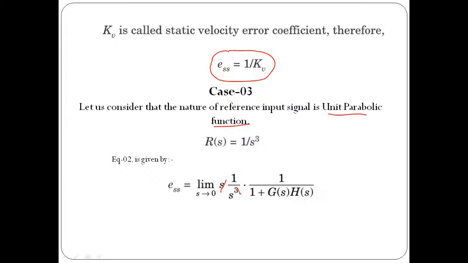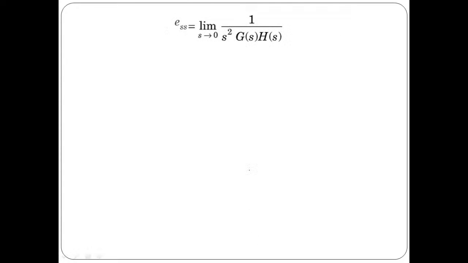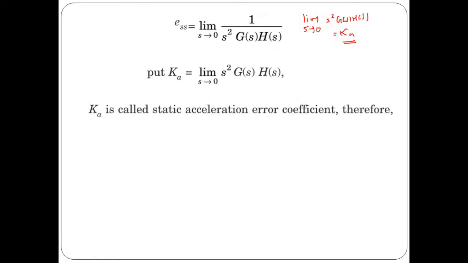You will get s square over here. And if you further solve this, you will get this as an output. Now here we can define this as limit s tends to 0, s square G(s) into H(s). This is going to be your Ka, which is called the acceleration error coefficient.